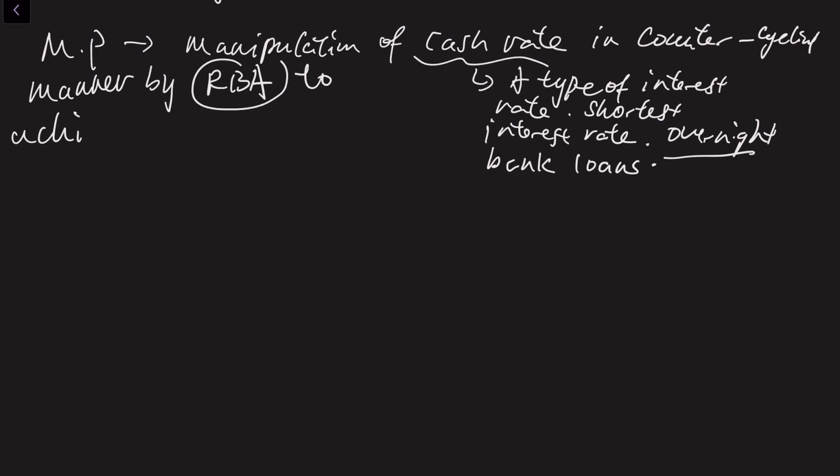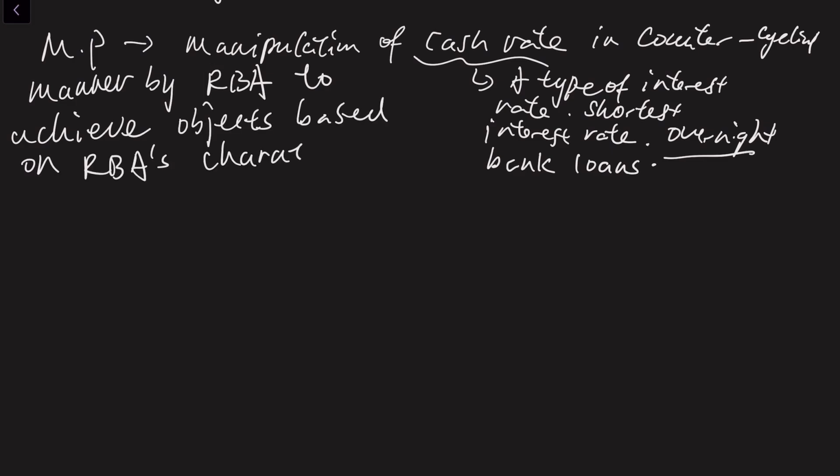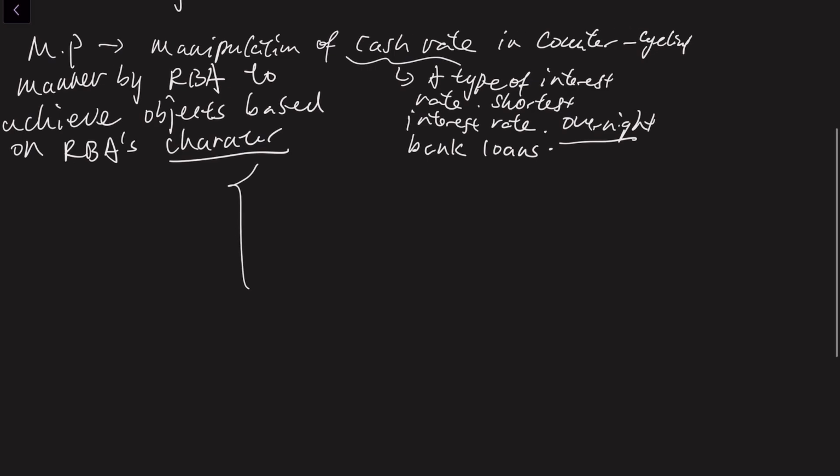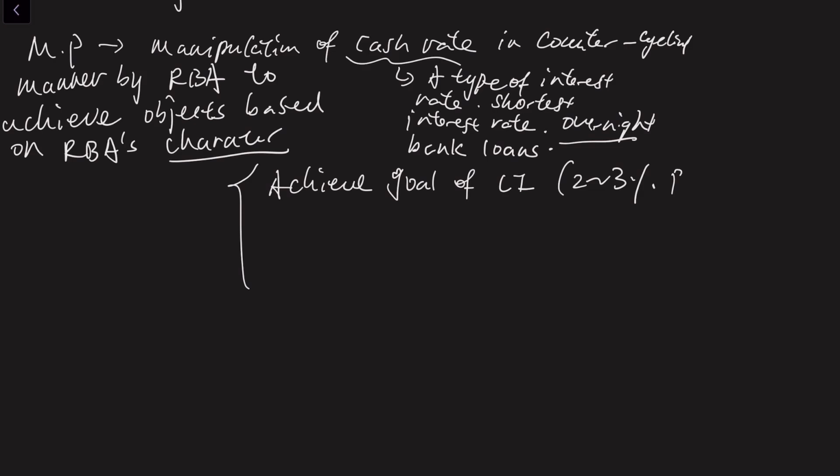It is conducted by the Reserve Bank of Australia to achieve some objectives, and the objectives are found in the RBA's charter. Specifically, it wants to achieve the goal of low inflation, which is an increase in the consumer price level of 2 to 3% per annum on average over time.